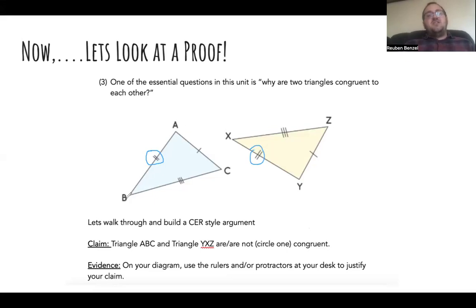The sides that have the same number of tick marks are going to be congruent to each other, and we could use pieces of evidence like AB is congruent to XY to make an argument as we build whether or not triangles are congruent to each other.